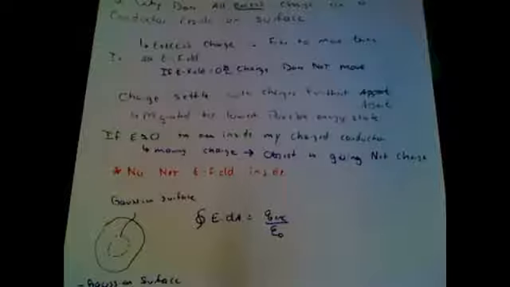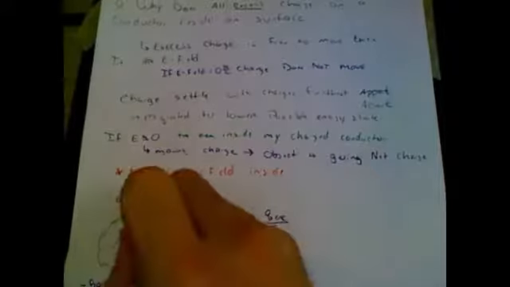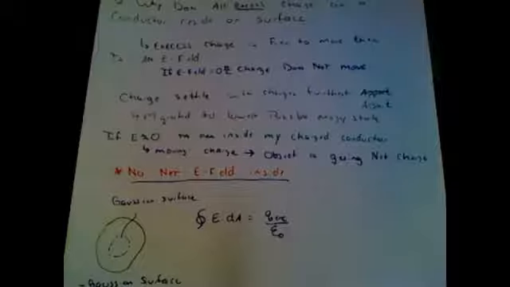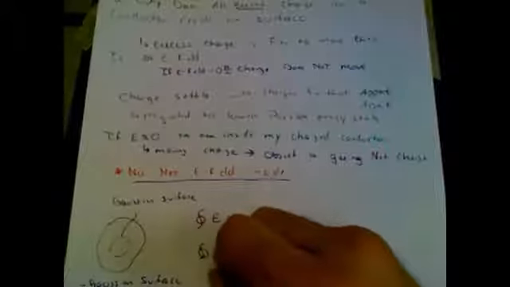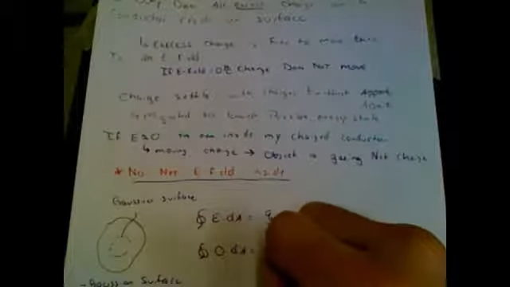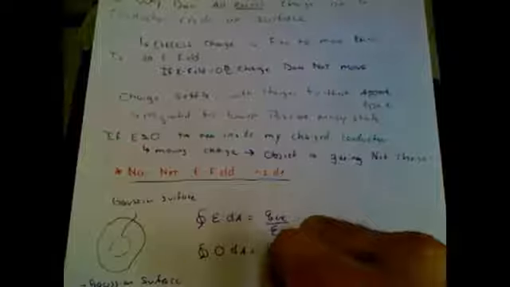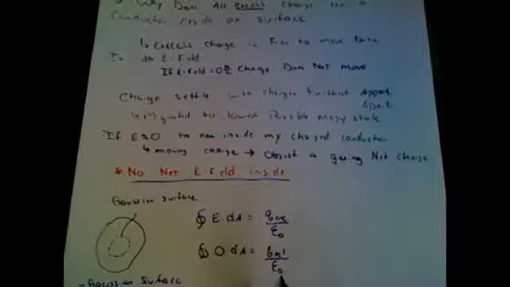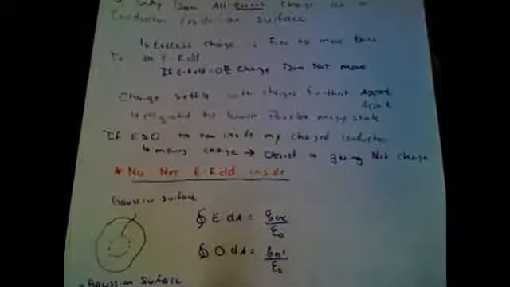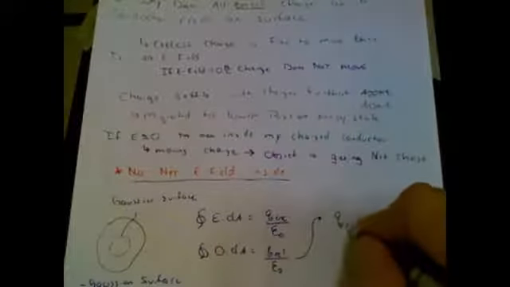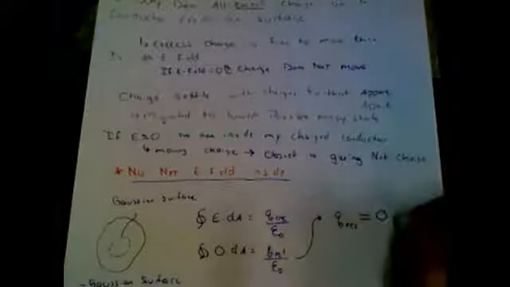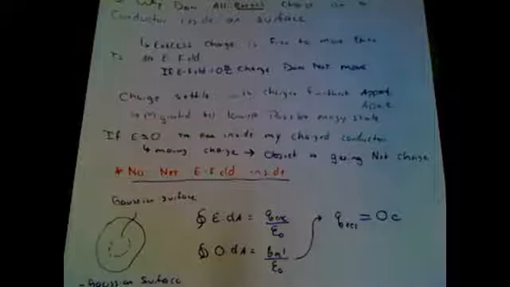By definition, if there's an electric field inside, I'm going to have moving charge, which means there is no electric field. If E is 0, I'd have the surface integral of 0 dot dA equals Q enclosed over epsilon 0. Epsilon 0 is a constant, and dA has to be an area, which means Q enclosed must be 0 coulombs. So this is a simple explanation of why the charge inside a conductor has to be 0.